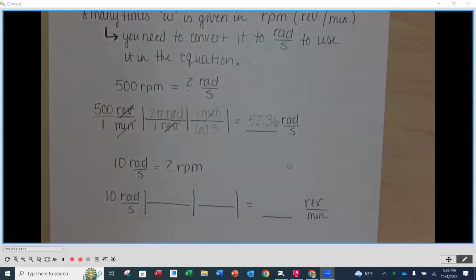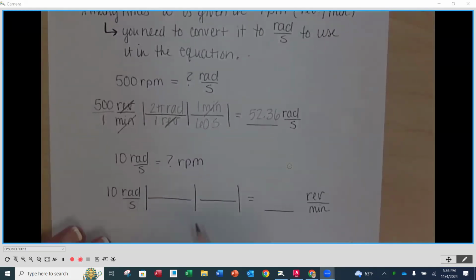And the reason for that is because, especially on a driver, if we're going to be specifying something like a motor, you're not going to order a motor in radians per second. You're going to order a motor in RPMs. Or if you're trying to discuss a quantity with somebody, nobody relates to radians per second. It's RPMs. You get a feel for it. So final answers will always be in RPMs. So we're going to do that very same work here.